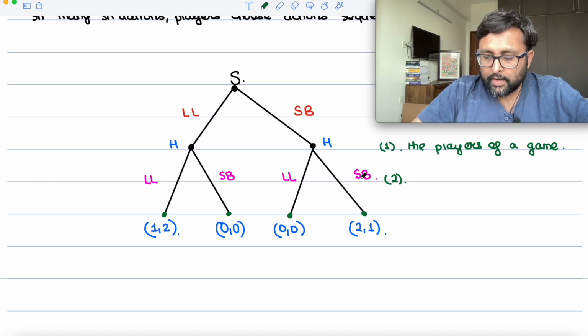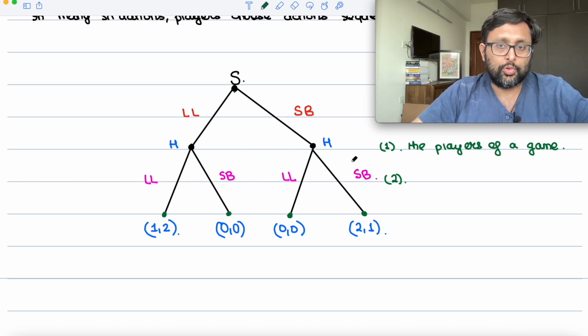For every player, every opportunity they have to move, that is, at this node, she has two choices. If the game moves to this node, then the boy has two choices. If the game moves to this node, then the boy has two choices. So for every player, every opportunity has to be told.